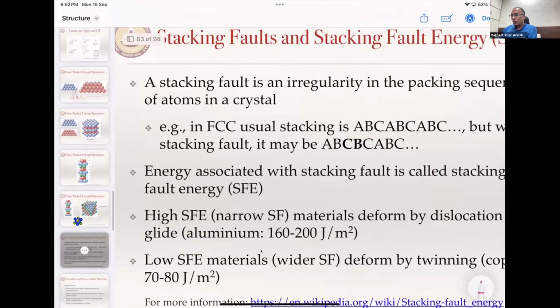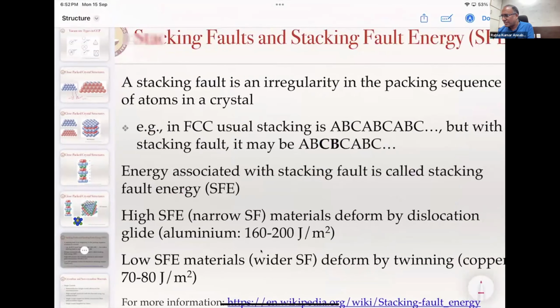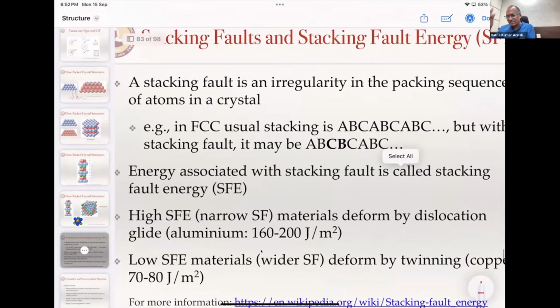Now, what might happen in general, when you are creating this crystal, you have to create this stacking, right? ABC, ABC, ABC, like that, infinitely. For a perfect crystal, the stacking should happen. Sometimes there may be some mistakes, meaning some faulty stacking, in which one of the A layers is missing.